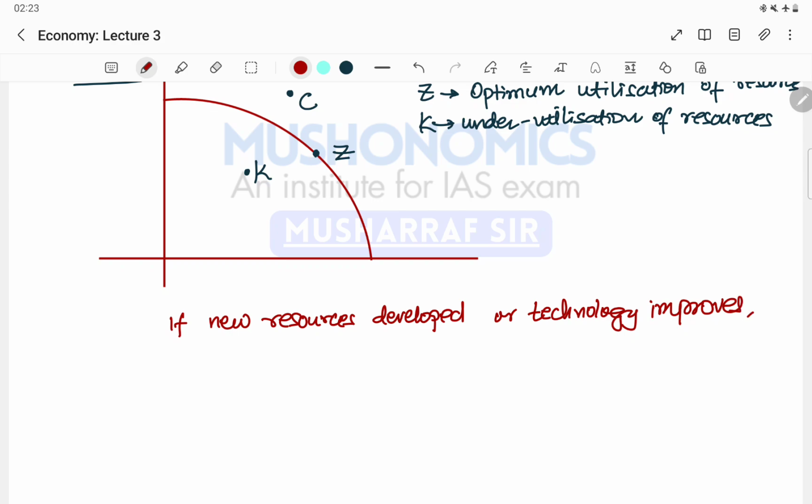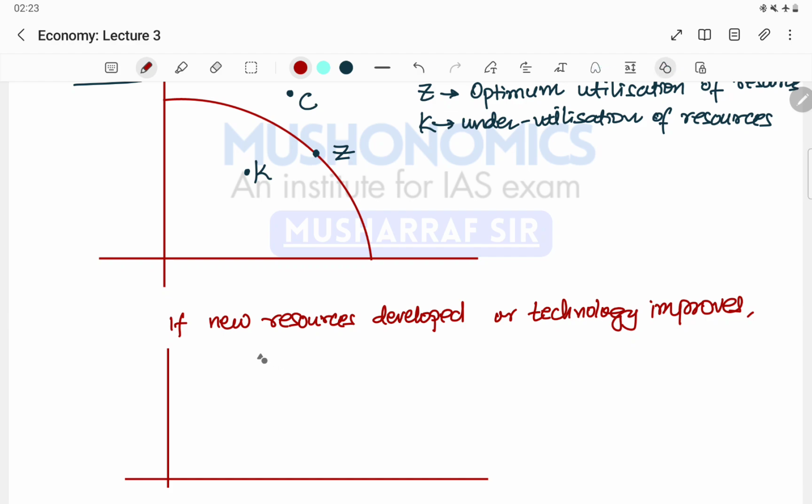Then the production capacity will increase, right? If new technology has come up and the technology has been improved, then the production capacity will increase.